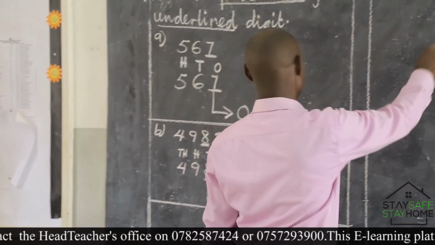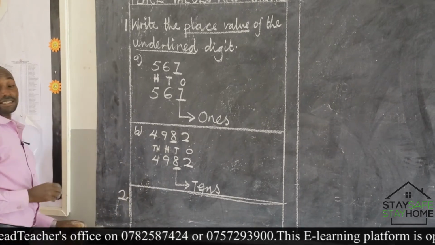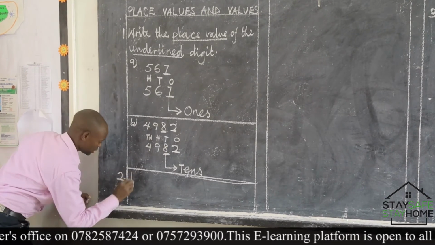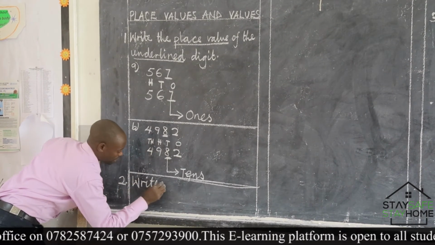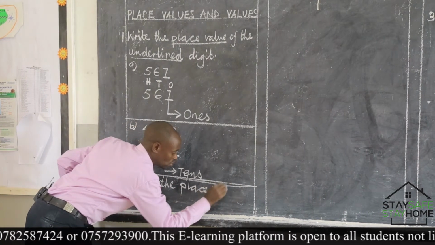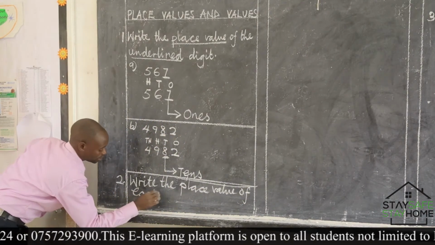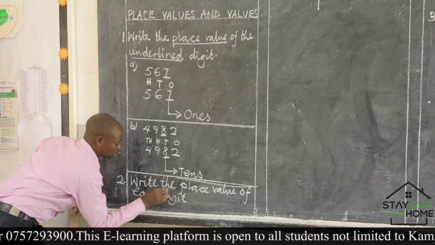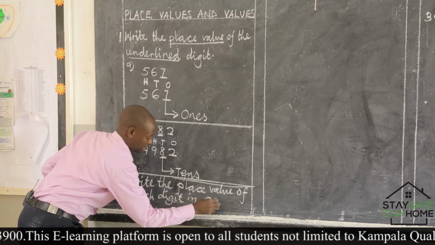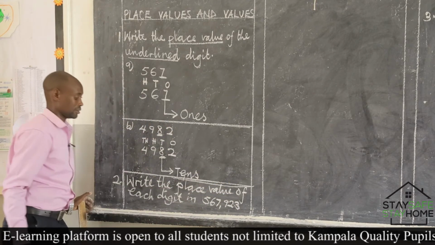I'm going to give you the last example. This time, we are going to write the place value of each digit in 567,923.